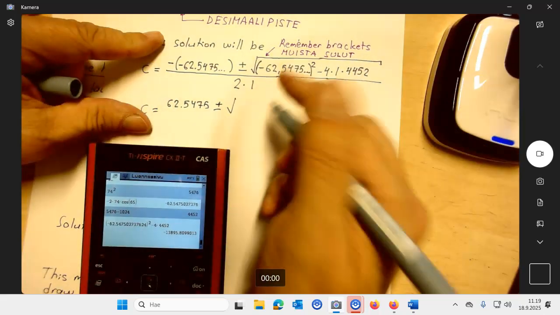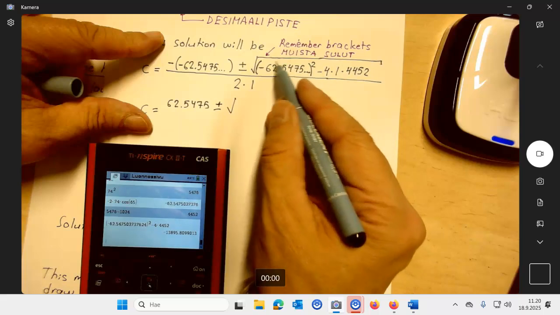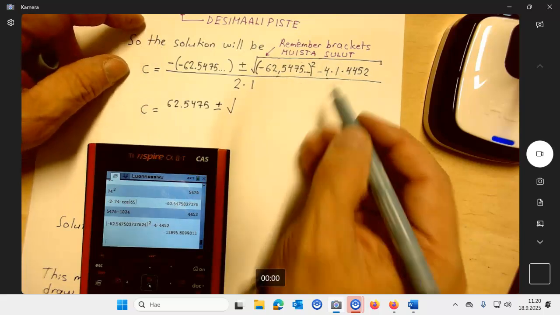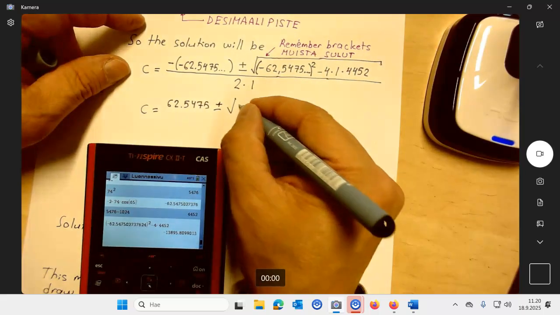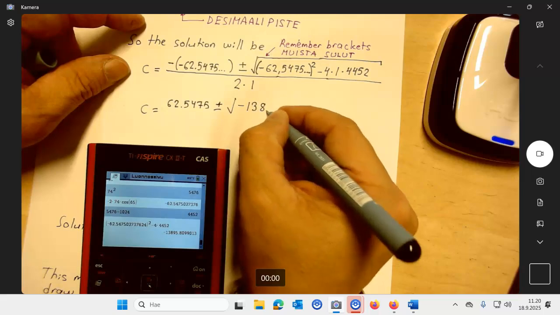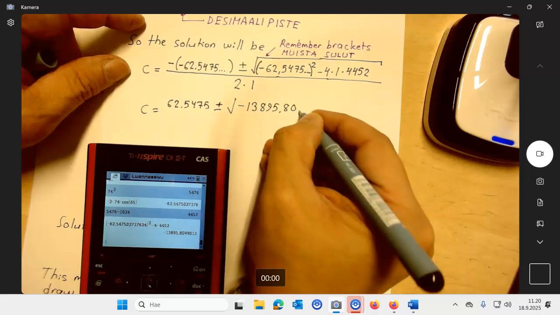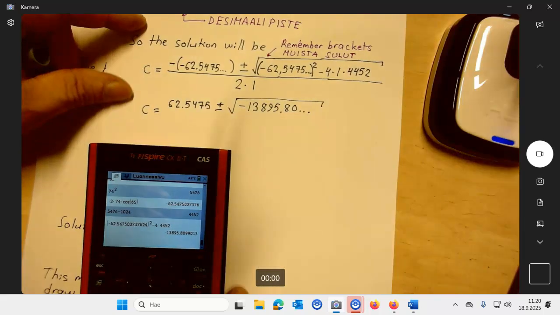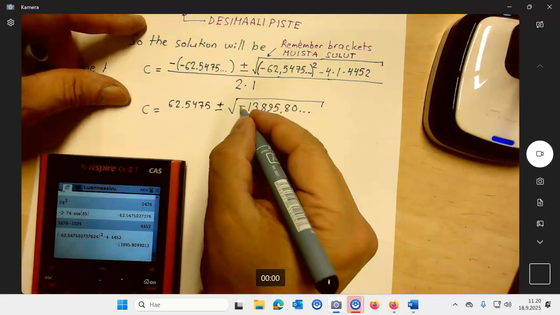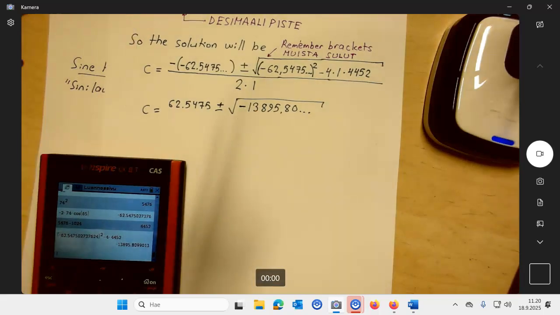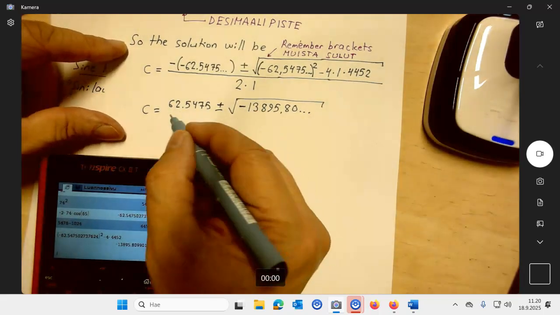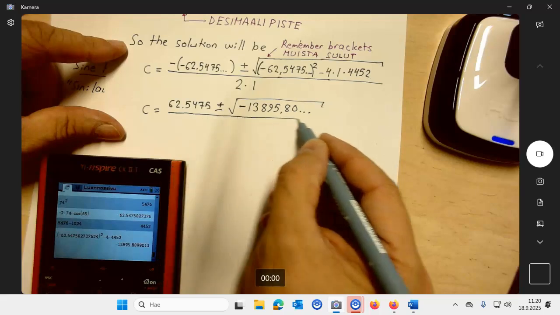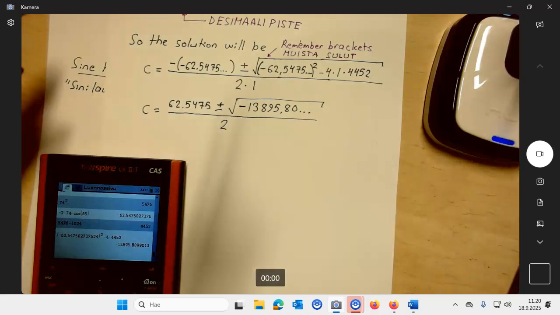But now the calculator gave me the result here, minus, and I don't write the whole number there because this minus is already enough, because that tells us there is some problem in this calculation.